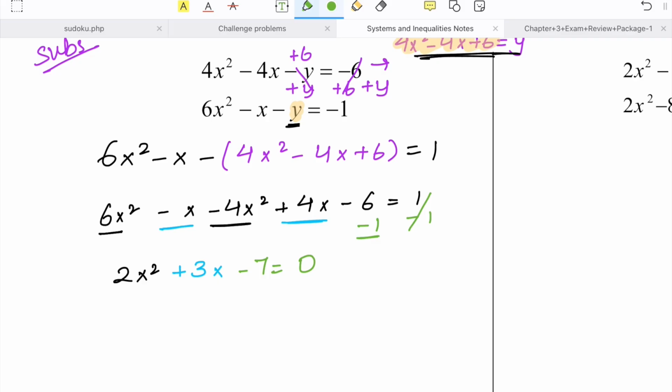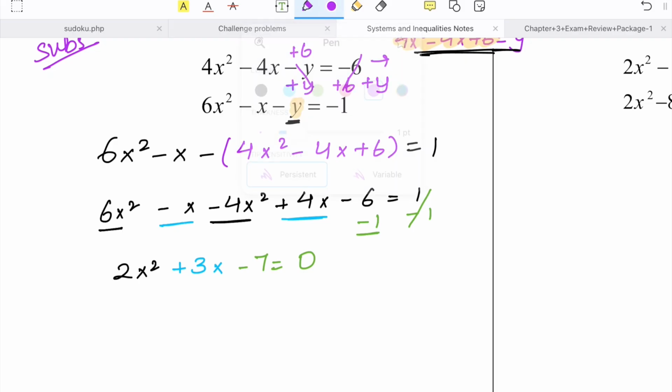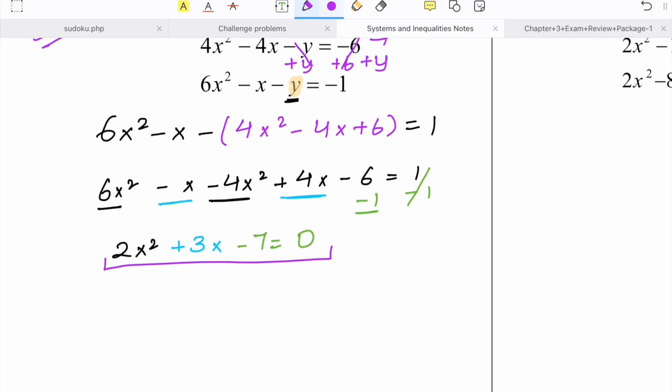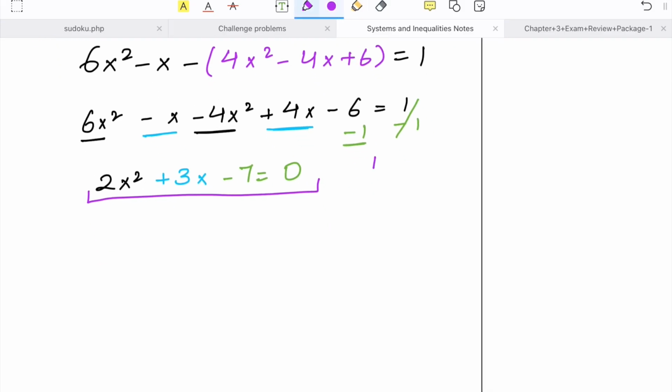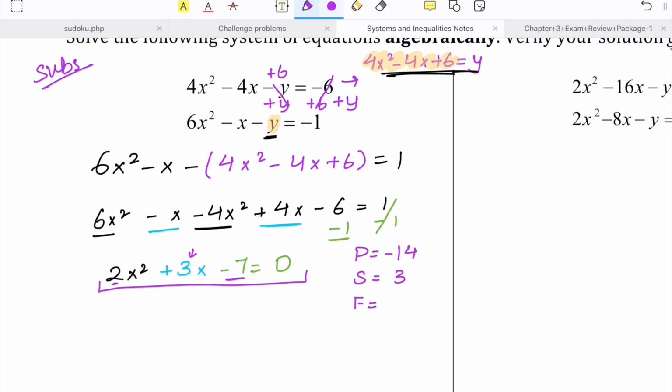Okay, so now it's just solving a quadratic function from the last unit. So your product is 2 times negative 7, which is negative 14. Your sum is 3. So your factors will be, oh, I did something wrong here.